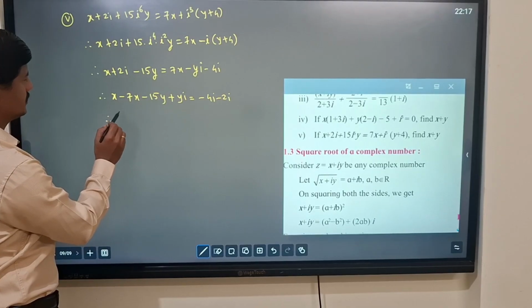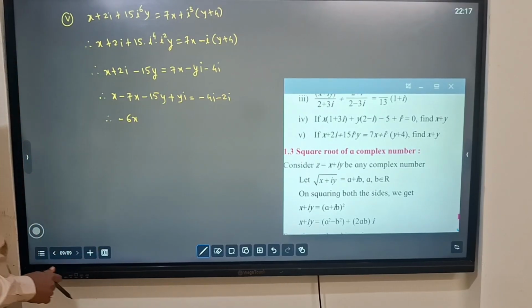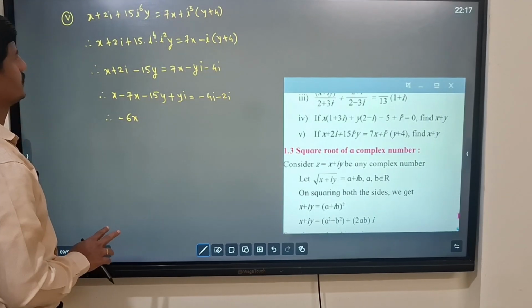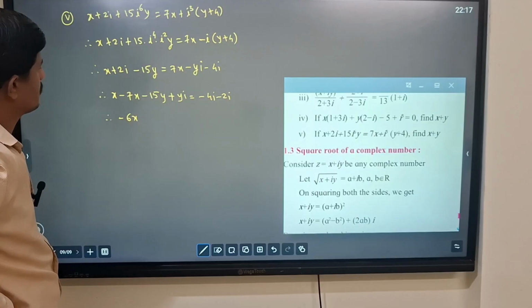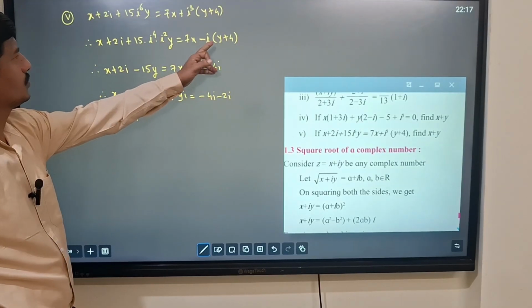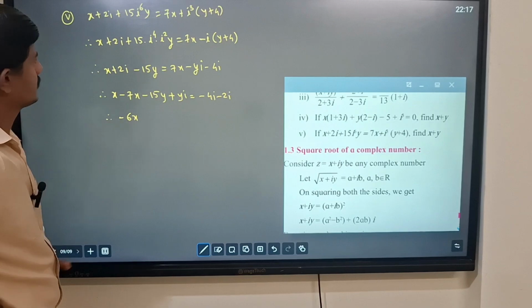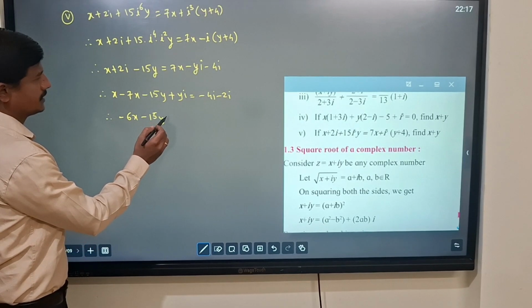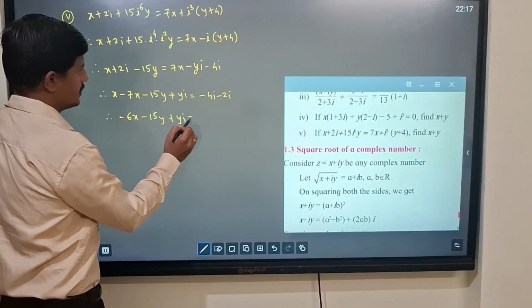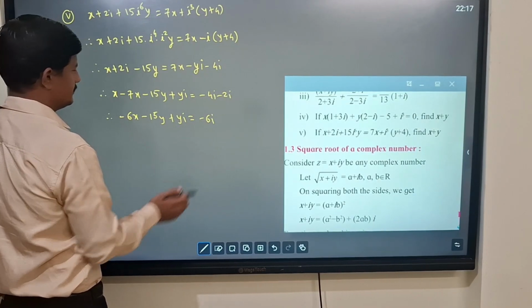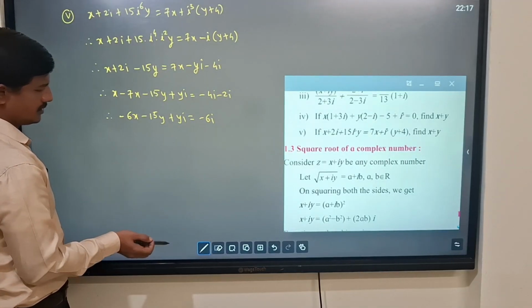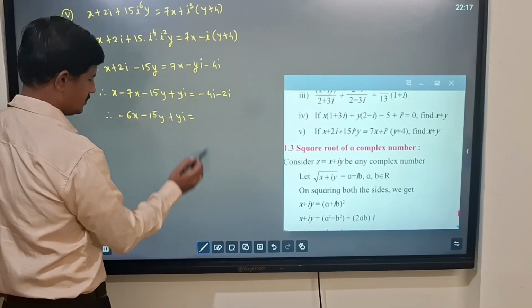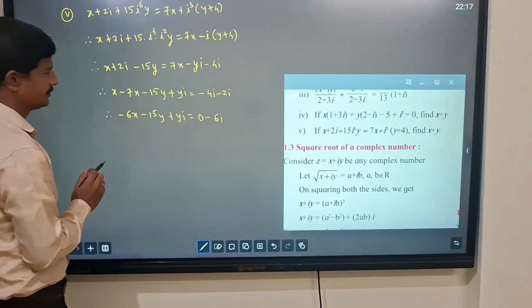So this is minus 6x minus 15y plus yi equal to minus 6i. Okay. Now simply, real part is 0, so I can write down this like this: 0 minus 6i.